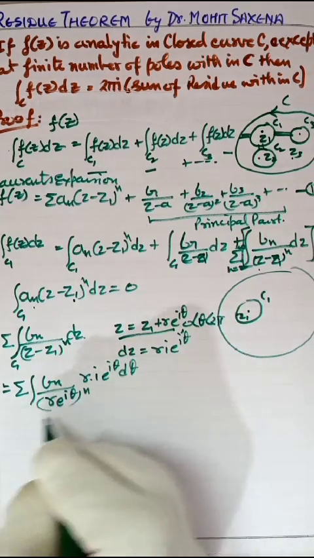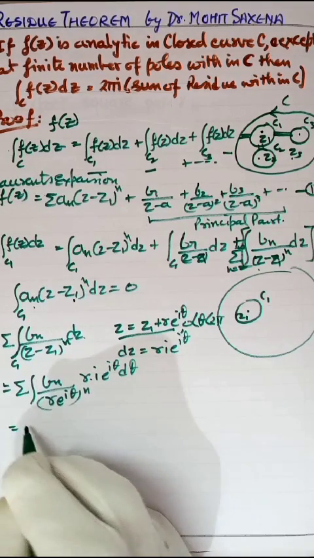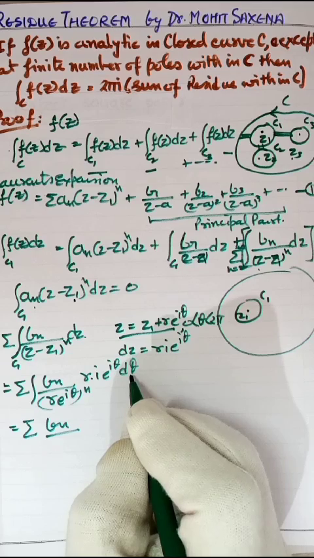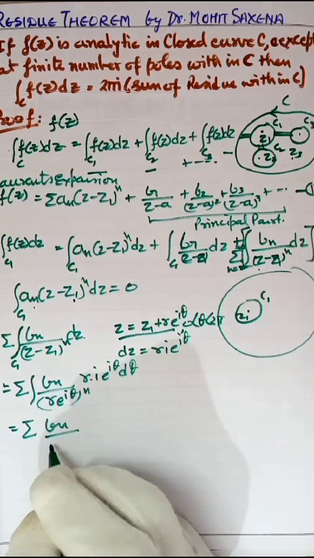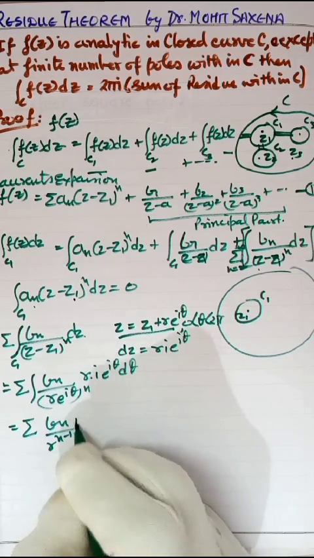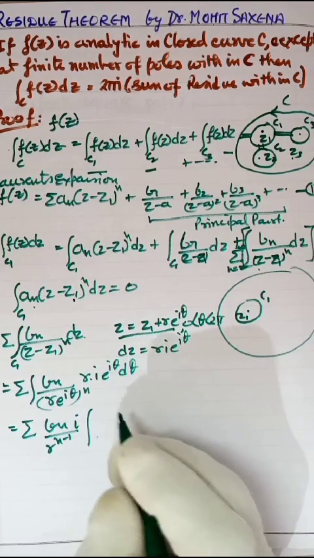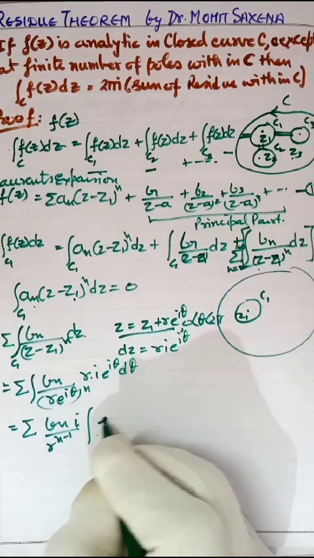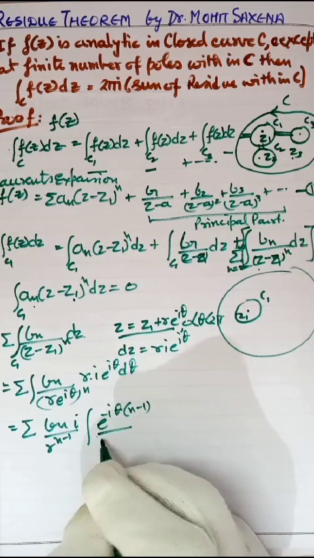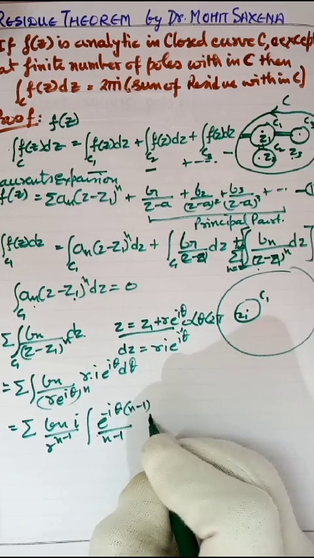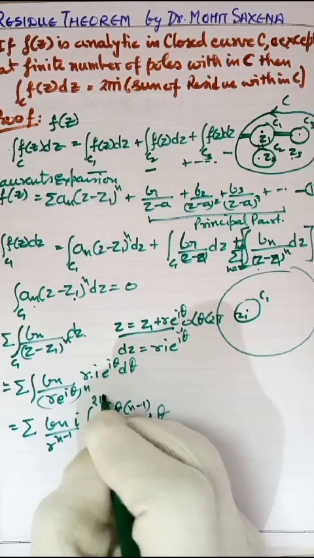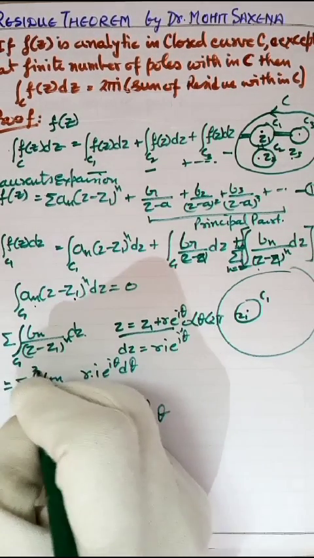On simplifying this, we would get the sum of b_n upon r to the power n minus 1, as we are integrating with respect to theta so all other terms are constant, and i is there, into e to the power minus i (n minus 1) theta d theta over the limit 0 to 2 pi.